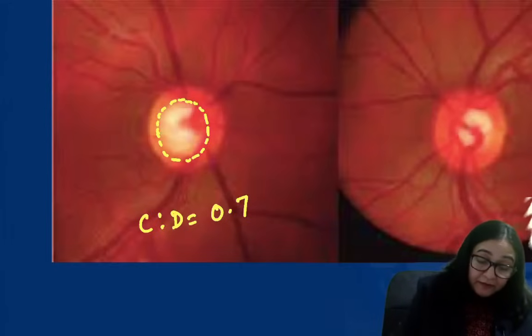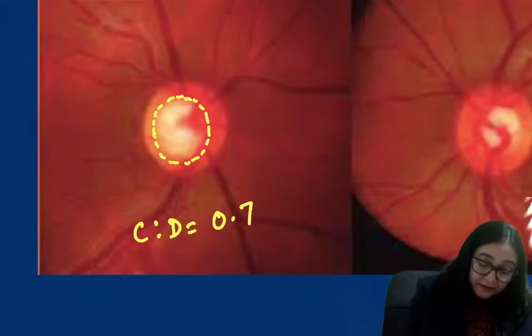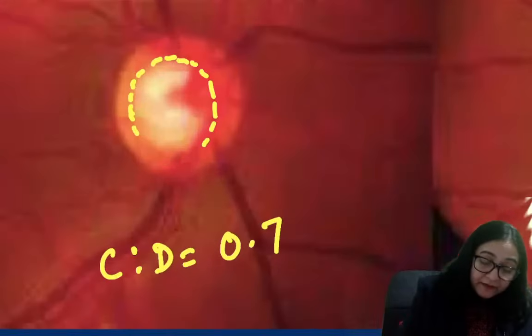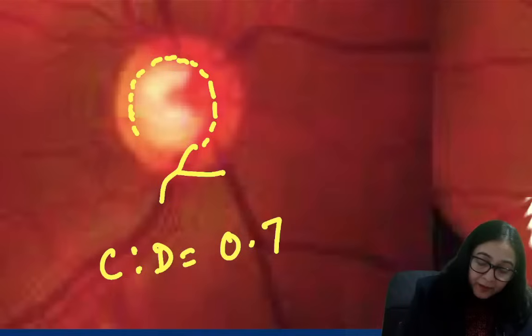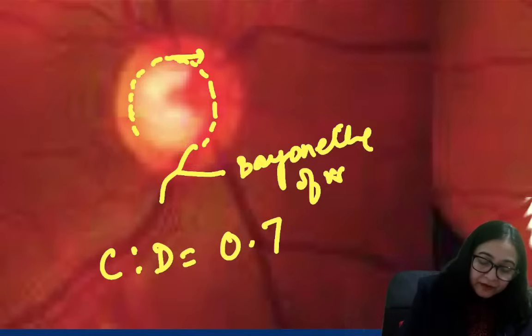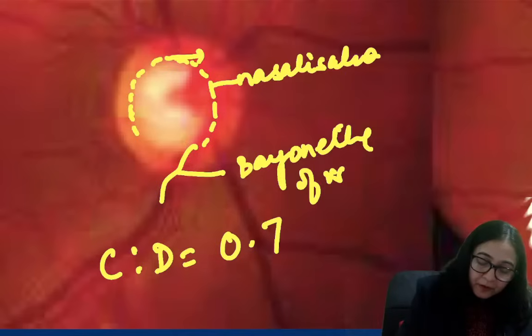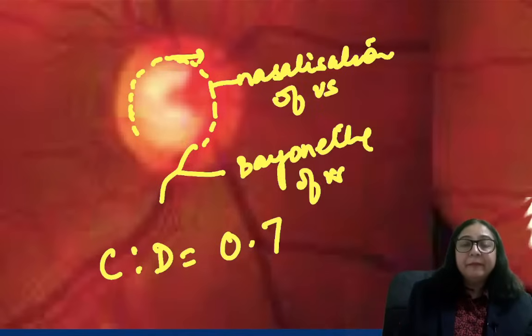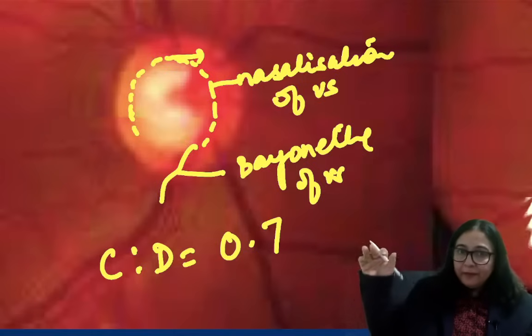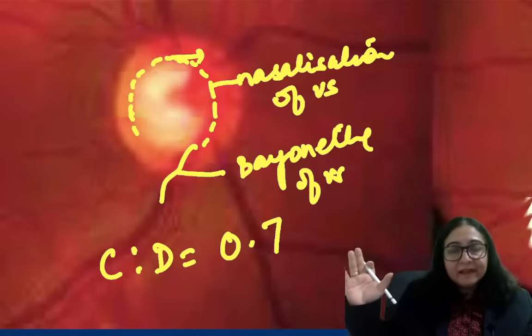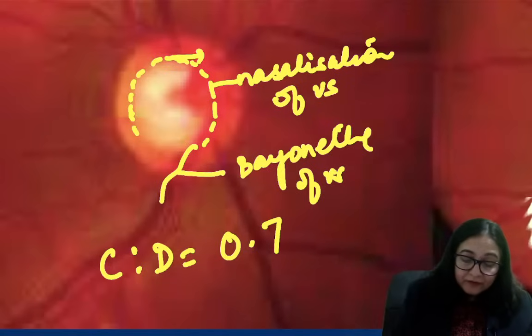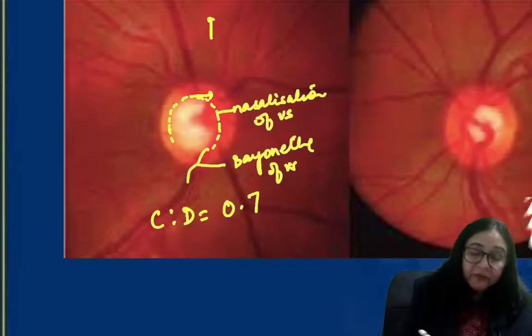If you see very carefully here, when I enlarge, there is bayoneting of the vessels also. And there is nasalization of the vessels also because of the increased cupping. So because of the increased cupping, there is bayoneting and nasalization of the vessels. So this is the right eye of the patient.